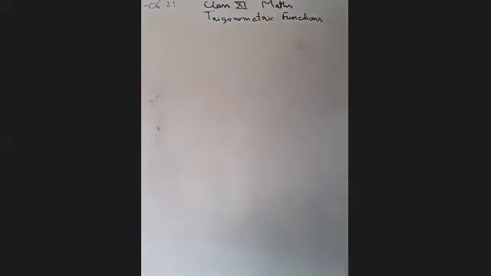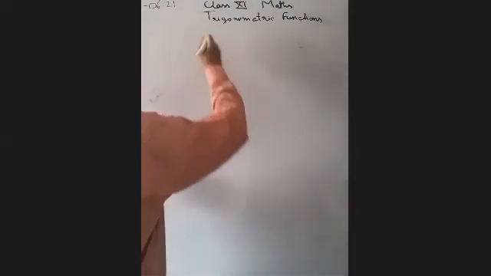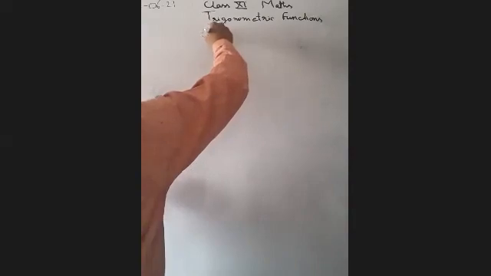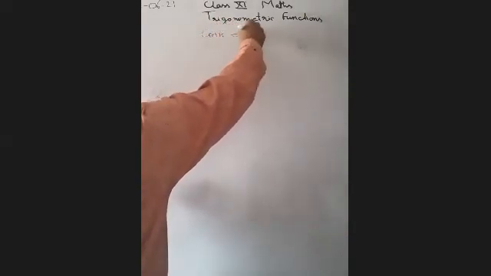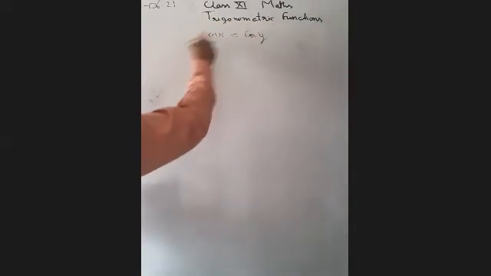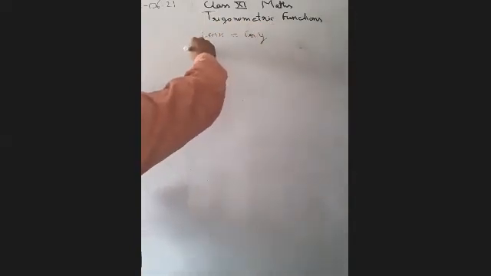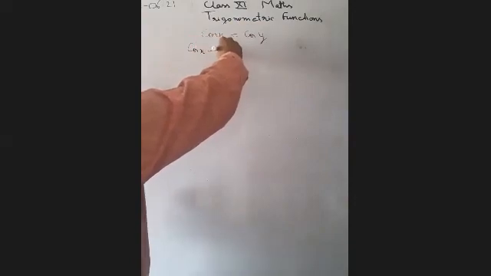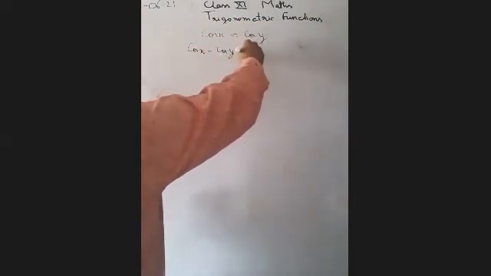Look, we want to prove the formula of cos x is equal to cos y. Cos x is equal to cos y. Taking it to the left hand side, cos x minus cos y equal to 0.